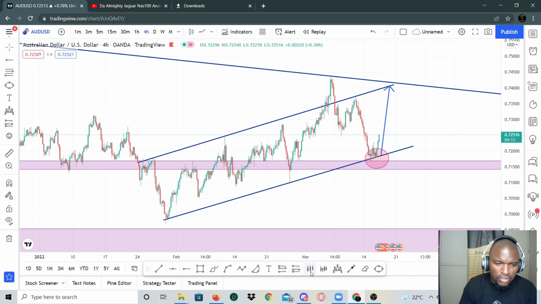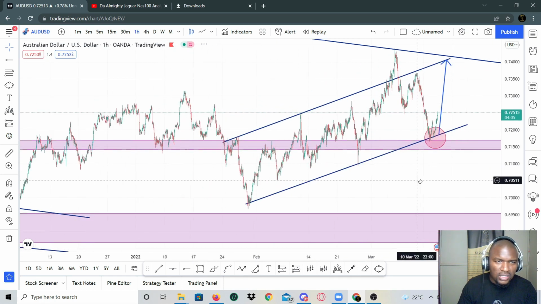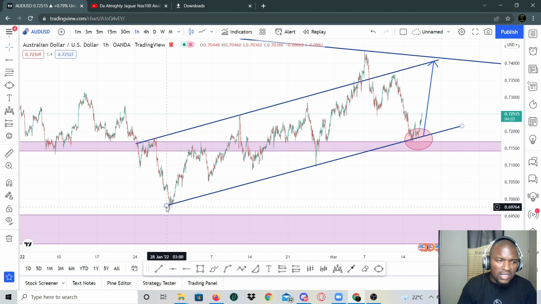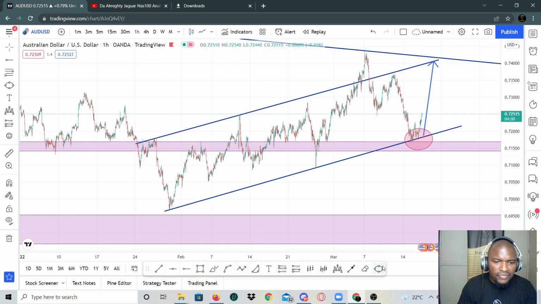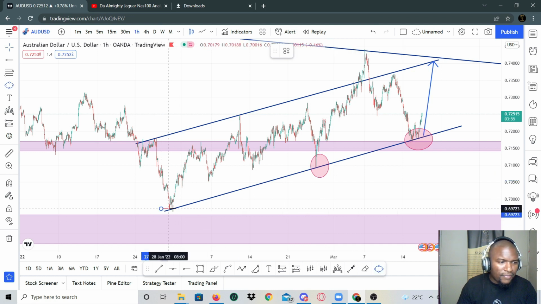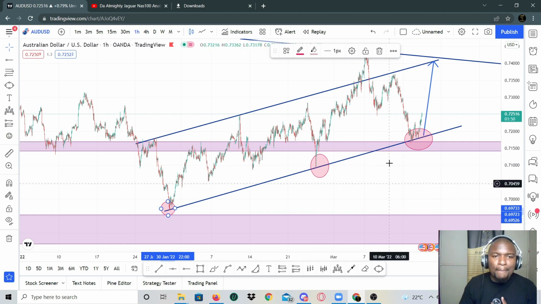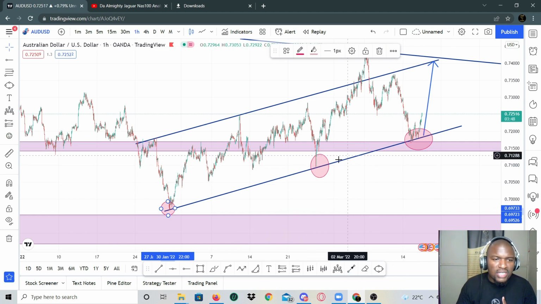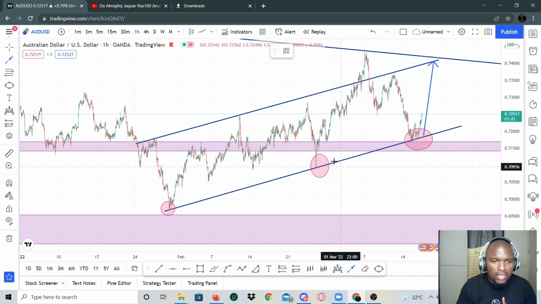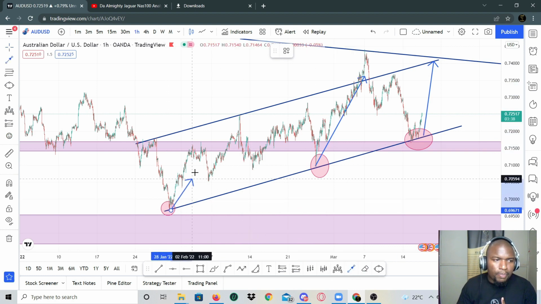It is a buy, because as you can see from the 1 hourly chart, AUD USD from these levels right here, every time price arrives on our higher low, it is confirming a buy. Every time price comes to our higher low, it is buying.